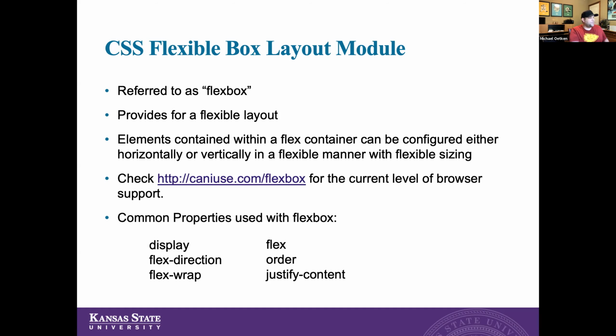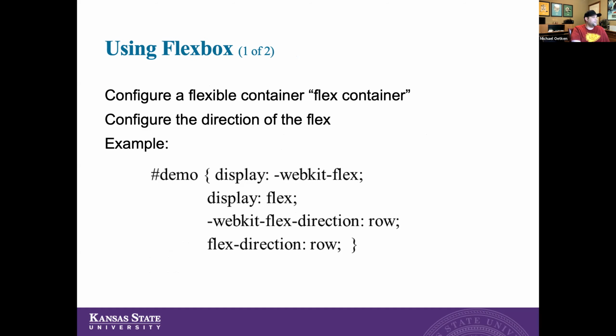Some of the common properties that we use with them are display, flex direction, flex wrap, order, and justify content. If you think of a Flexbox as a flexible container that flexes in and out depending on the size of the screen, there's an example of the code.